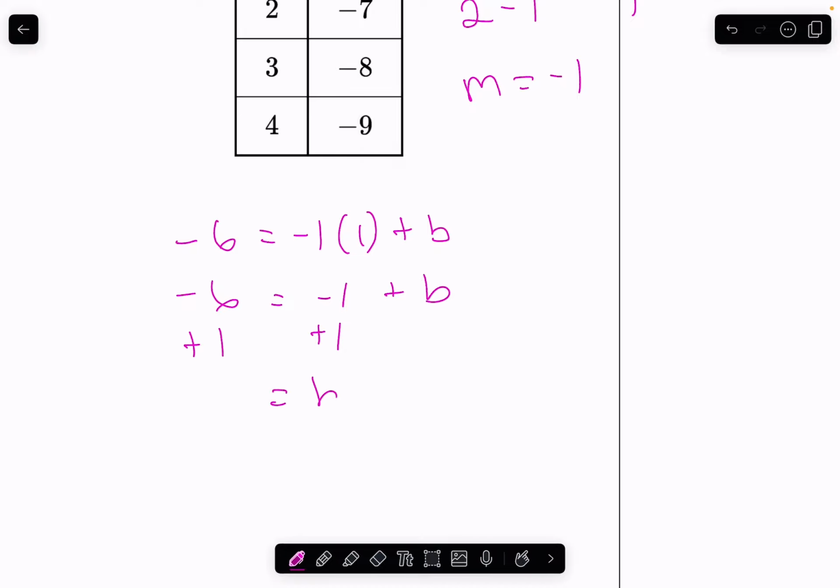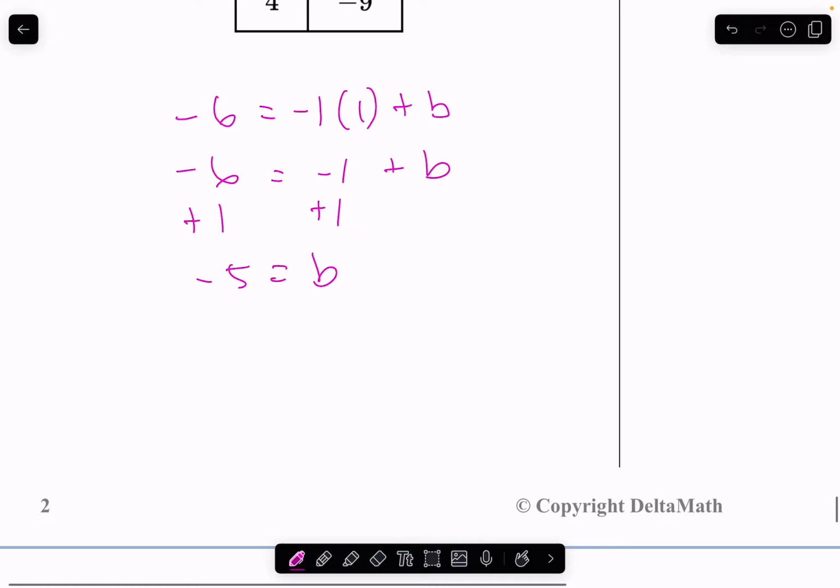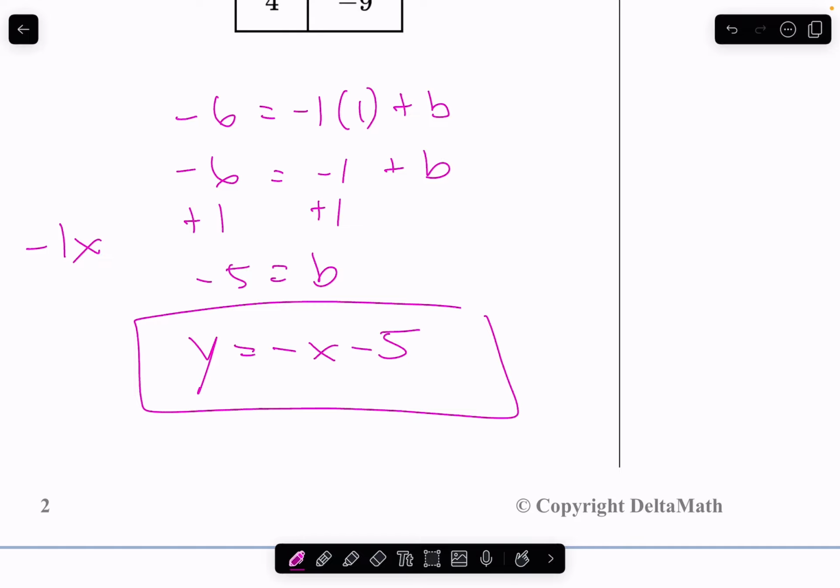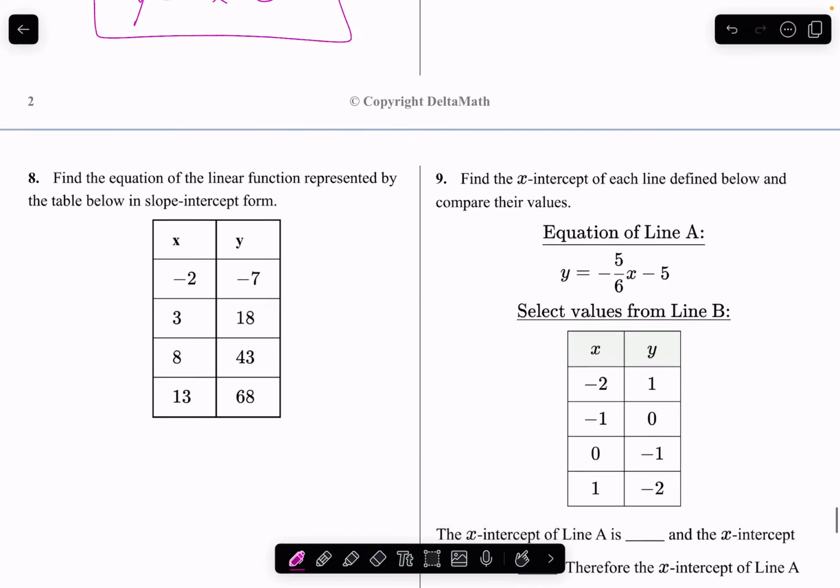So we get that b is negative 5. So y is equal to, and then our slope is negative 1. So generally we don't write negative 1x, right? We would just put negative x. And then our b value is negative 5. So that would be our equation there. All right, so the next couple are same thing there.